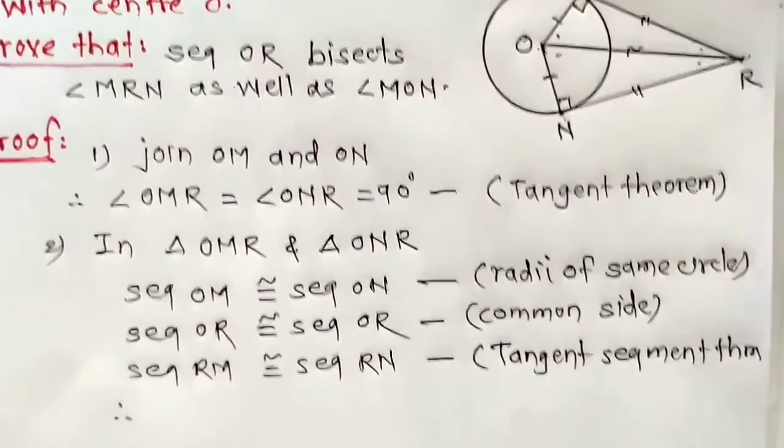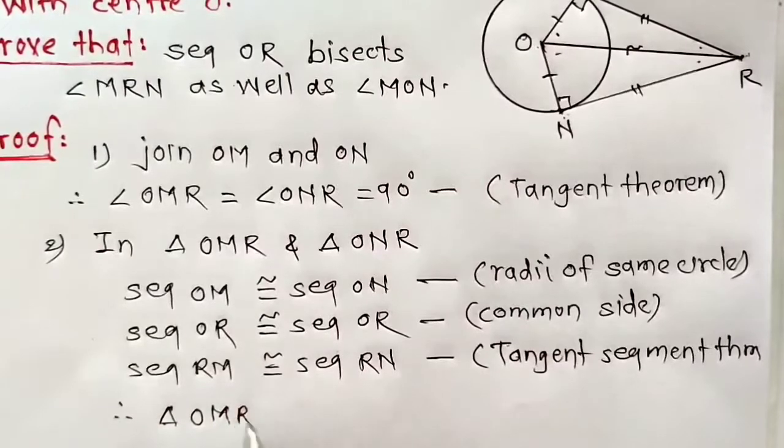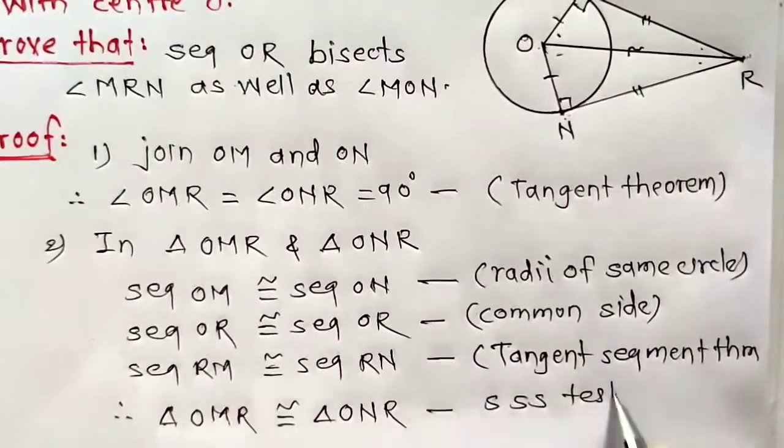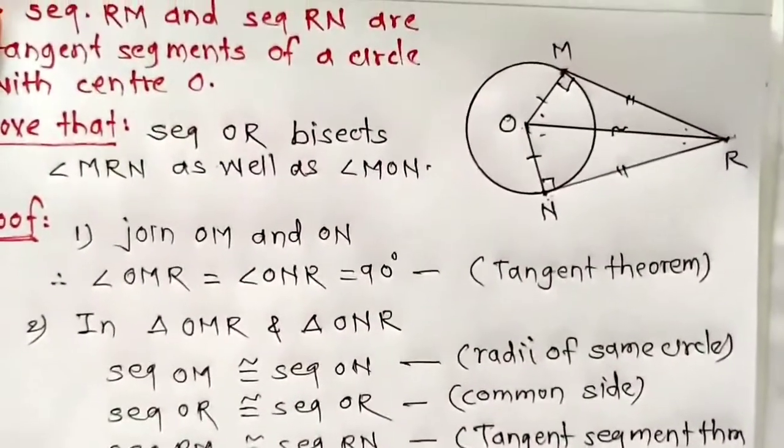Therefore, triangle OMR is congruent to triangle ONR by the SSS test. And when two triangles are congruent, what about their corresponding angles? Let us see.